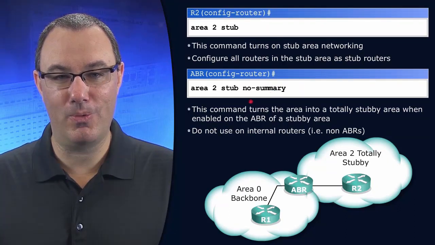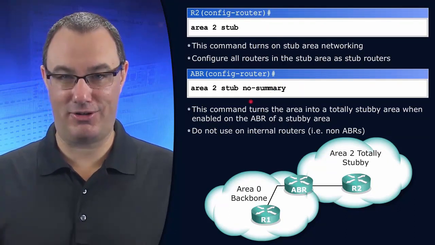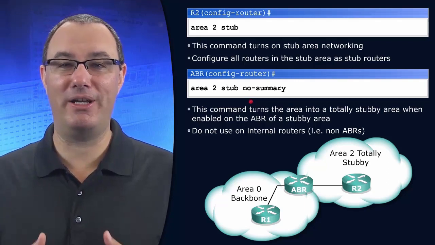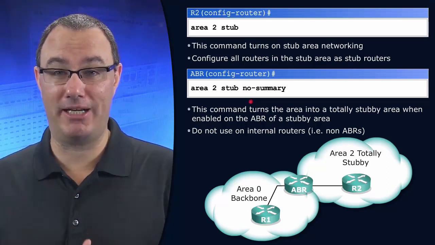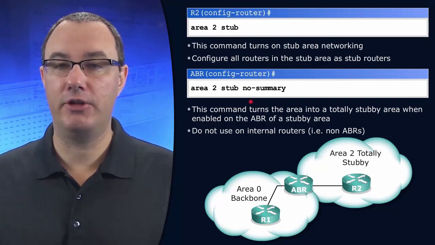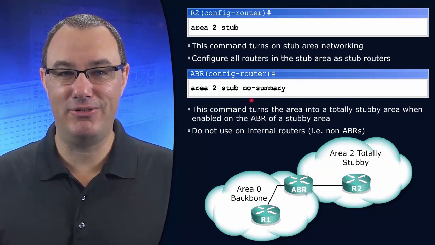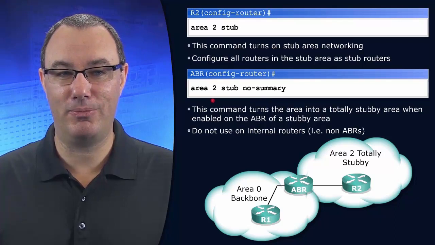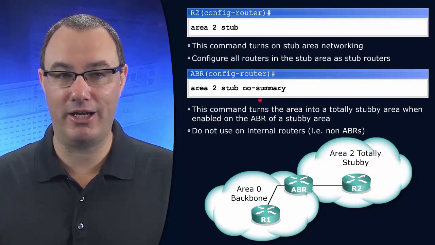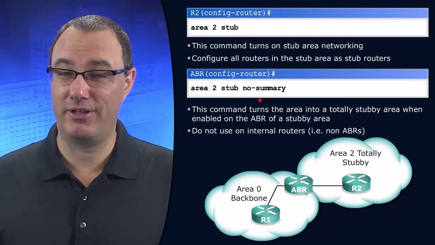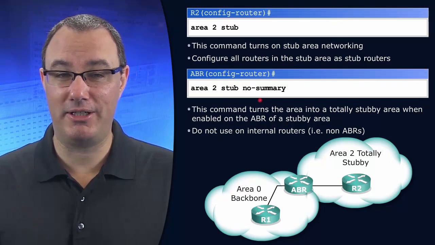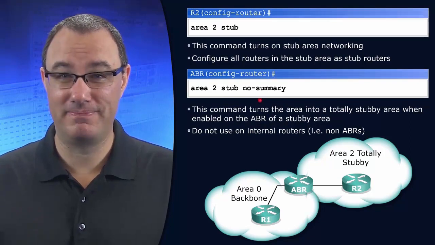So what we are going to be tested on and scrutinized on, whether we are in the real world or examination, is the ability to know how to configure this. And let's say you just do this command. You apply area stub no summary on all of the routers in the totally stubby area. It'll work.